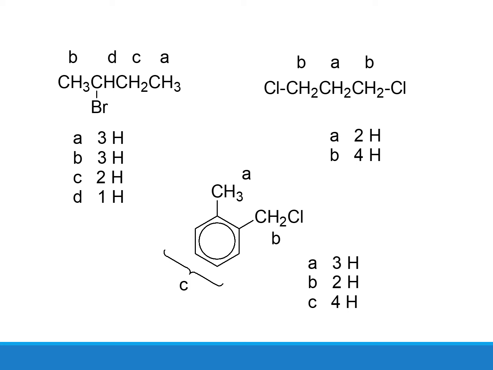Clearly, the peak for the aromatic hydrogens is twice the peak for the methylene hydrogens, whereas the peak for methyl is a little bit higher than the peak for the methylene hydrogens. That's what area integration is all about.